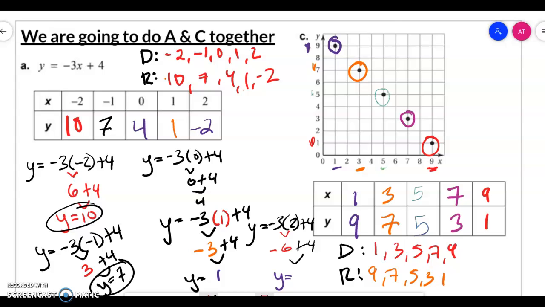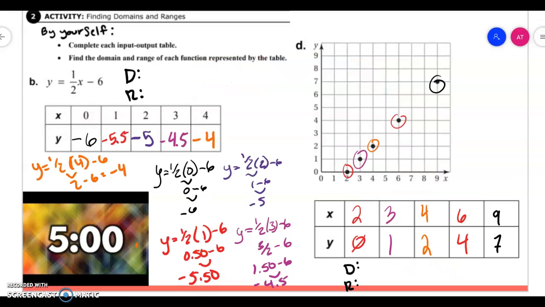So I want you to try B and D on your own. Then I'm going to show you what the answers are from there. Alright, so we have all of our problems solved here. Take a minute and pause and look over, double check your work. Mine are color assigned. So my domain for the first one would be 0, 1, 2, 3, and 4.